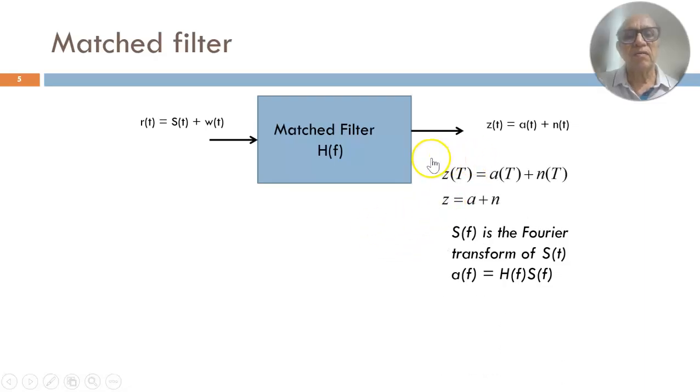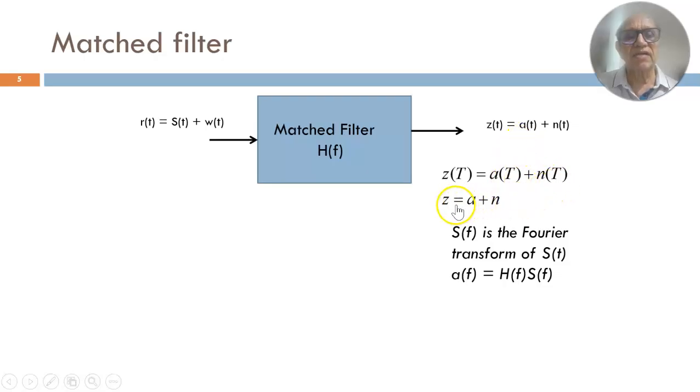Now, in order to take the decision, we find out the value at the end of the bit time period. So this is evaluated at t equal to T. So you are interested in finding out z at t equal to capital T. So this is a(T) and n(T).